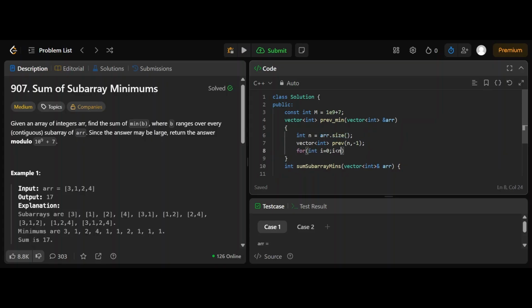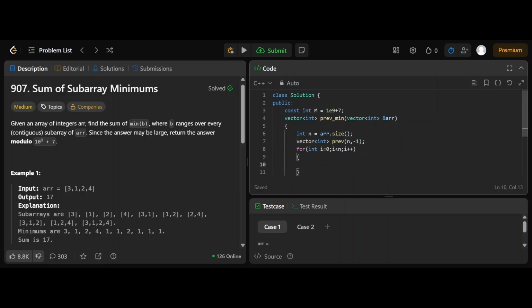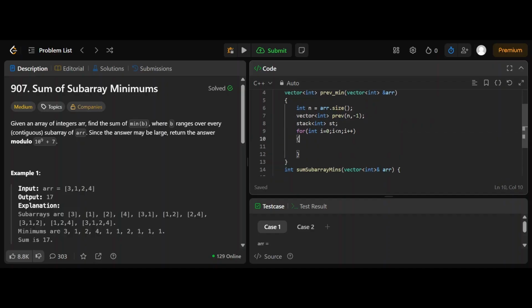We'll move in forward direction, and we have one stack also. While not stack dot empty and array of stack dot top is... we have to find the previous minimum. So we have to remove the greater ones.